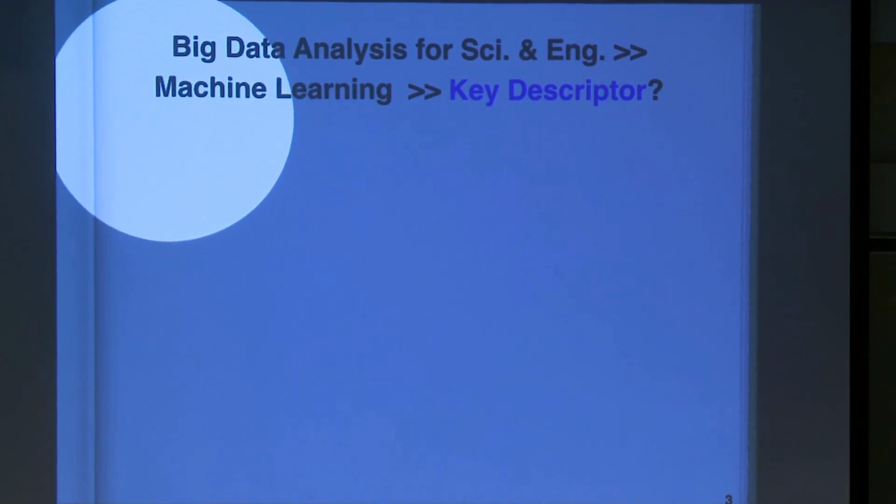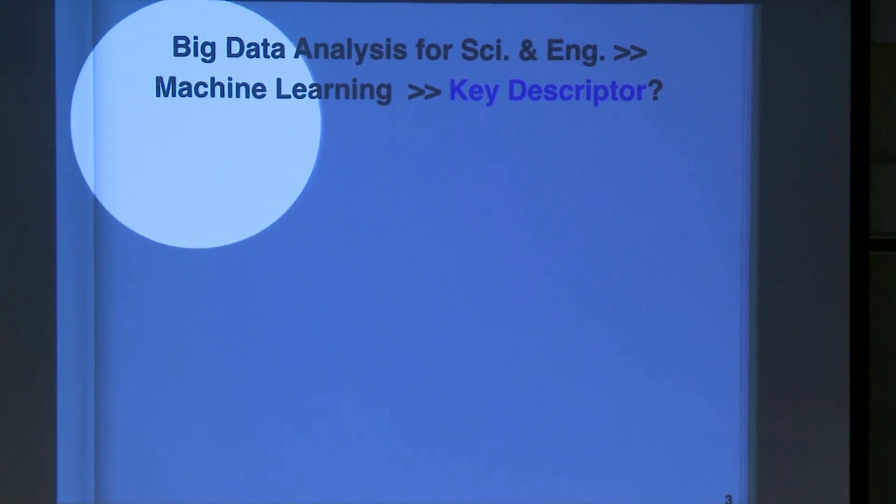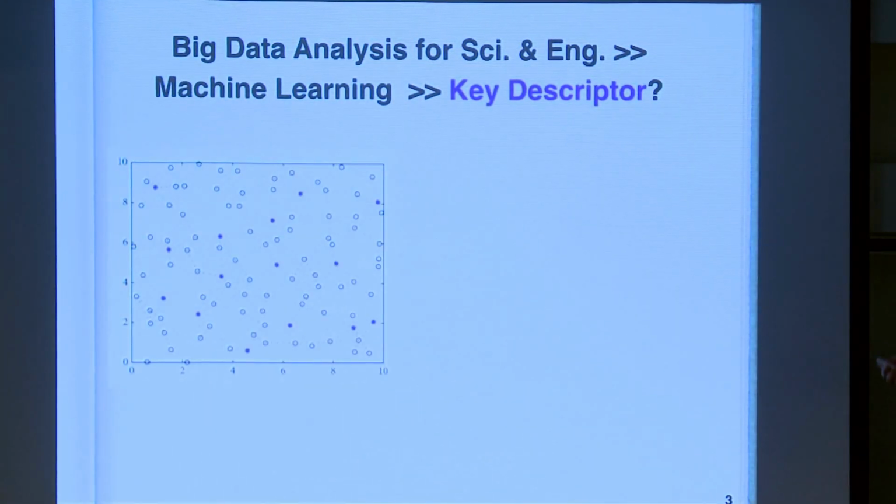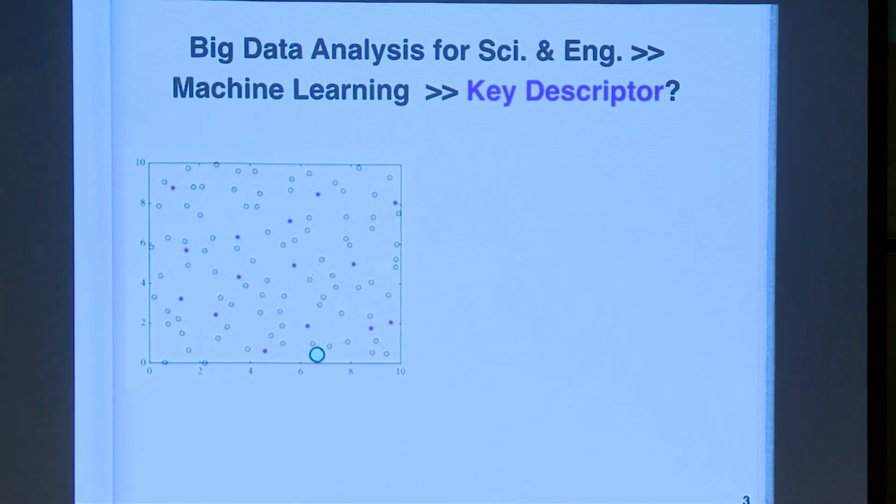We have to analyze big databases and apply machine learning to find out key descriptors. For example, we have a certain database. This can be measured from experimental work, modeling, or simulations. And then we have a lot of data to achieve something or to develop a specific material like silicon carbide.